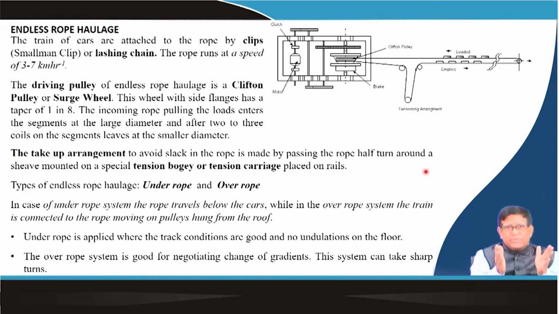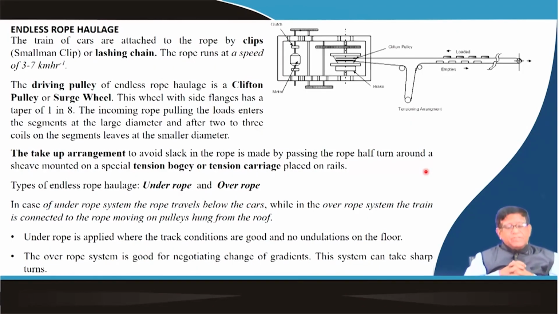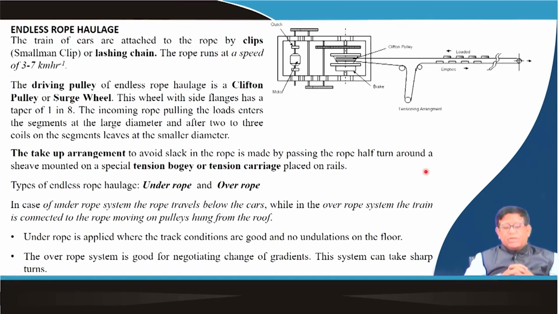The Clifton pulley is of this type, the rope comes in, makes a turn, and then leaves.